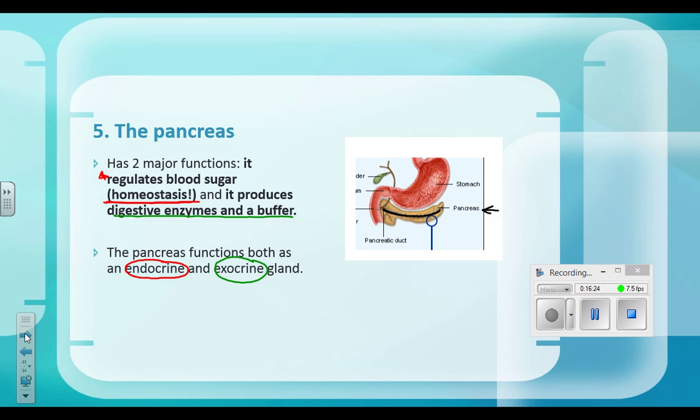And this duct leads to the duodenum. So, when your pancreas is making things that need to mix with your food, it's got a duct that runs down the length of it that is attached to your duodenum. It's attached to some other stuff too, but we'll get there when we talk about the next organ.